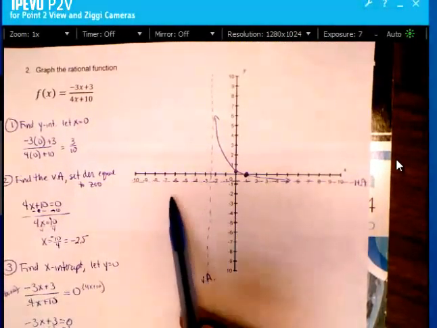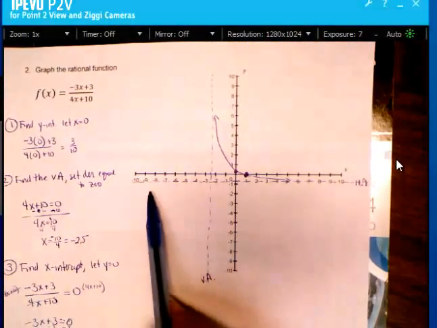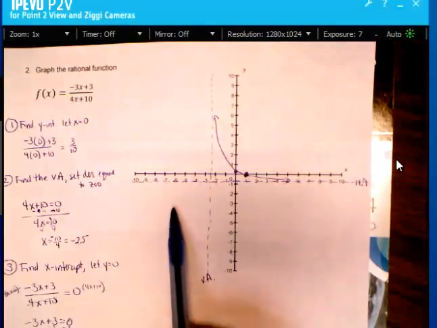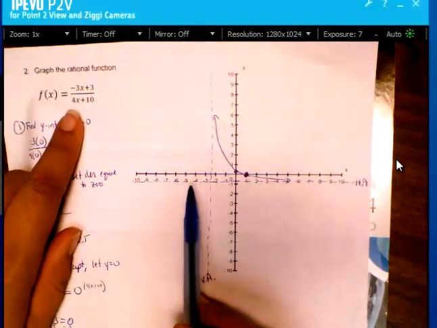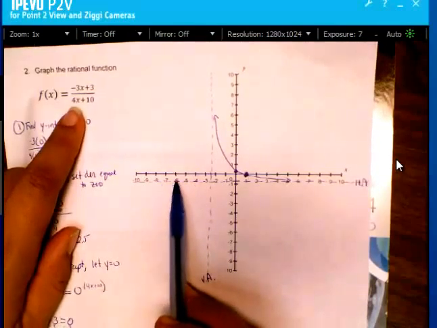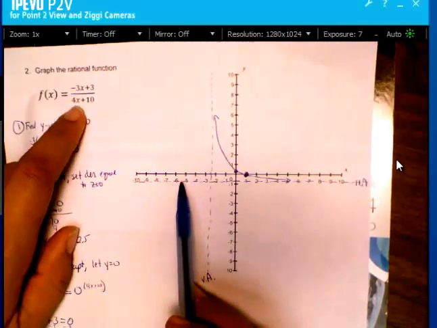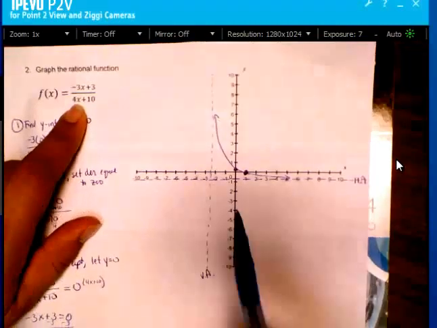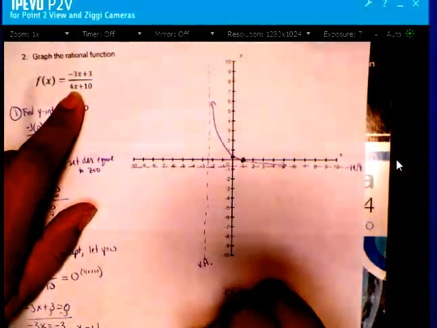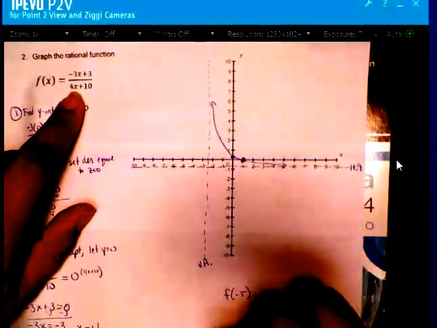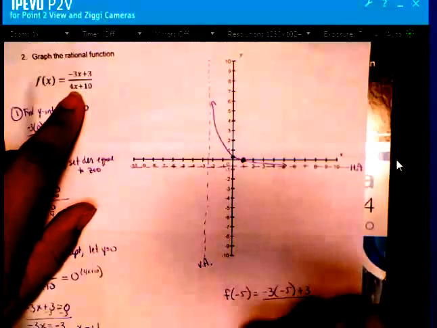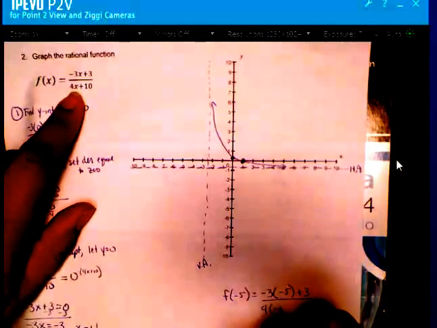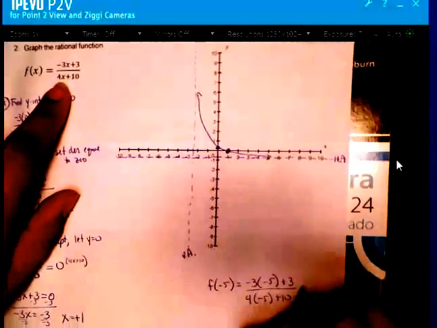Okay, over here what we can do is plot some points just to see where this function exists. So let's go ahead and plot, it doesn't matter, let's just choose negative 5. So f of negative 5 equals negative 3 times negative 5 plus 3 all over 4 times negative 5 plus 10.